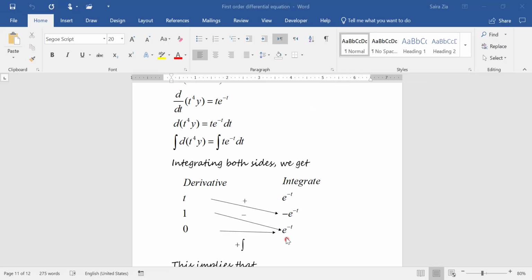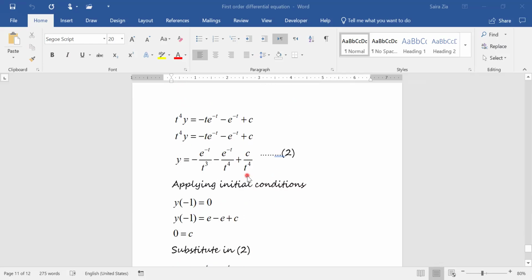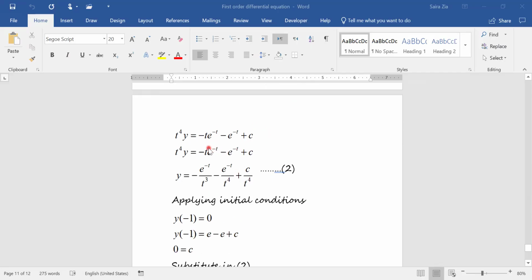In the end we get the integral: minus t e to the power minus t minus e to the power minus t plus c.